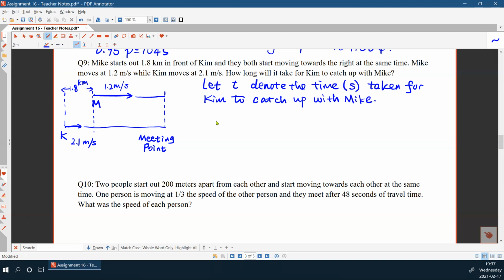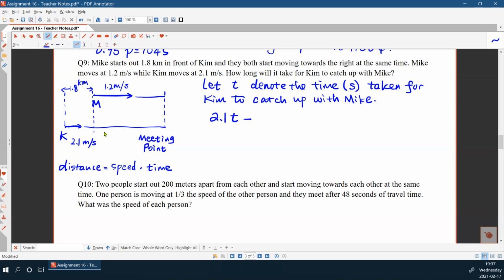According to our analysis, by the time they meet here, the distance Kim traveled is 2.1 times T, right? Because we know that distance equals speed times time, right? So this is Kim's distance. And Kim traveled more than Mike, right?